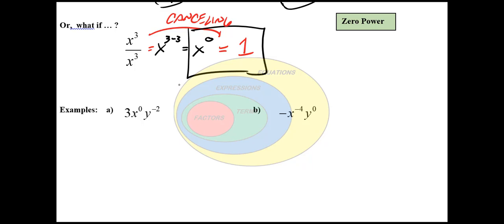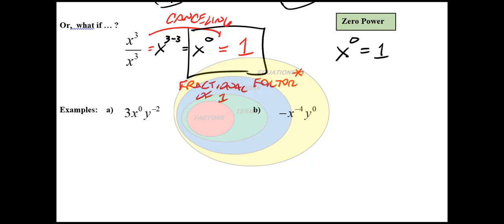So this is the same exact thing as a fractional factor of 1. So our definition means basically any factor to the 0 power is always equal to 1, and it represents a fractional factor of 1.